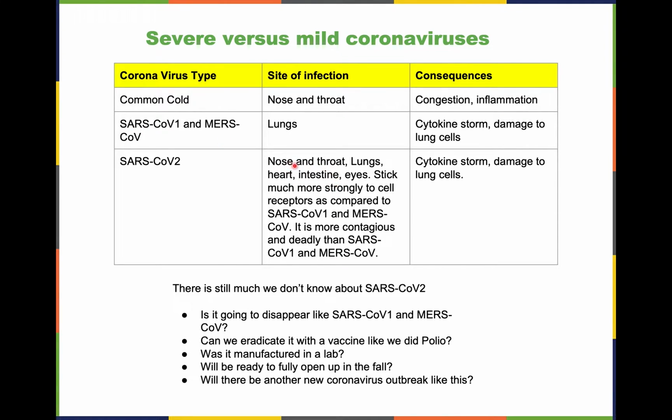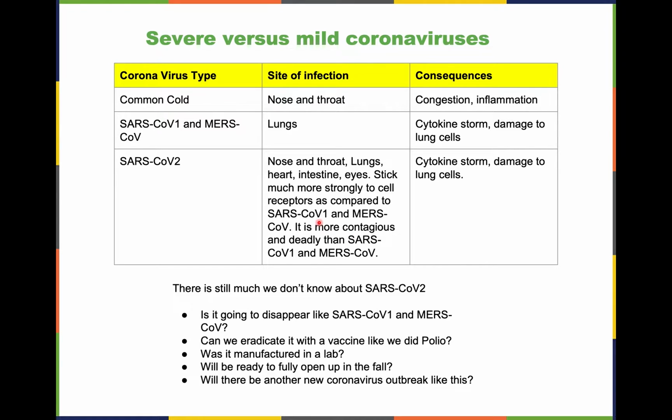Now, in addition to nose, throat, and lungs, this virus can also infect heart, intestine, and eyes. And I mentioned the spike protein on the surface of coronaviruses. The spike protein, that S protein on the surface of SARS-CoV-2, sticks much more strongly to cell receptors as compared to SARS-CoV-1 and MERS-CoV.